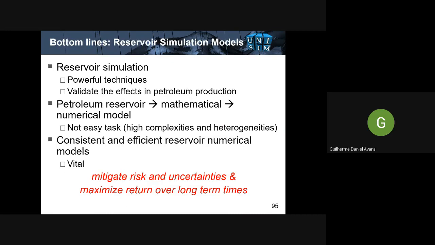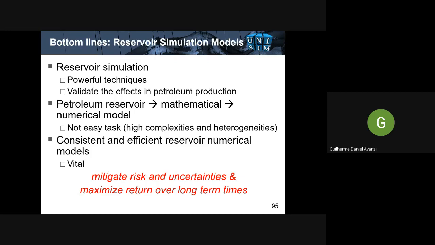So the bottom line is that reservoir simulation is a powerful technique, and this technique also validates the effects in petroleum production. Just remember, we have the reality, that is our petroleum reservoir. We go through the mathematical formulation, and this mathematical formulation is enough to solve simple cases, simple reservoirs.